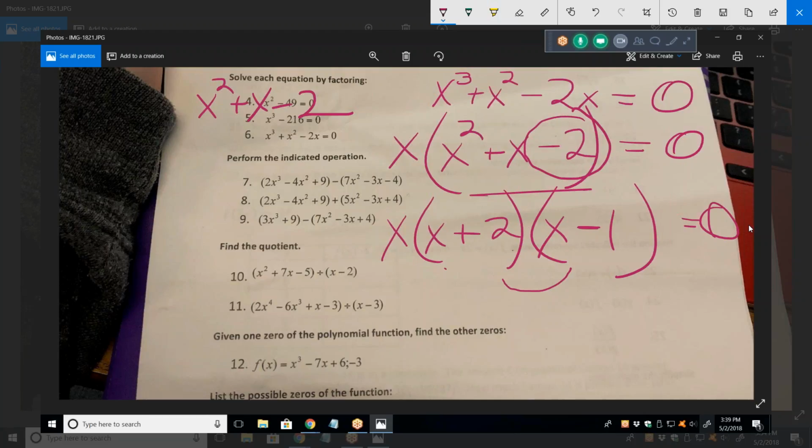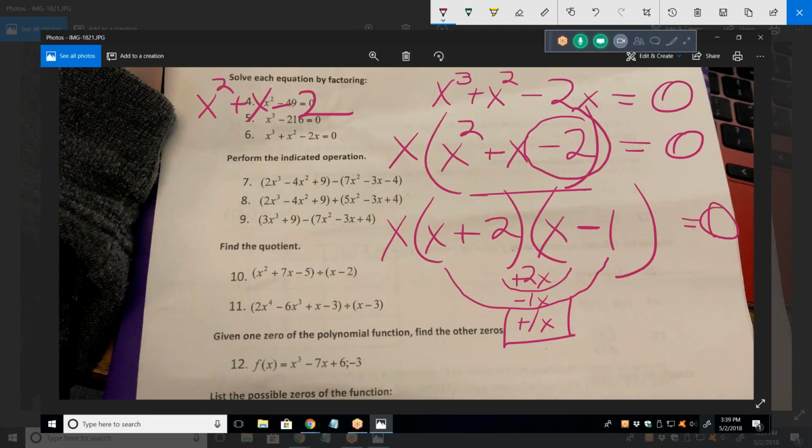You do what I call the double smiley face. In other words, figure out what your O and your I of FOIL are. Well, the inside is 2x. The outside is minus 1 times x, minus 1x. Add them together, you get plus 1x. Is that our middle term?